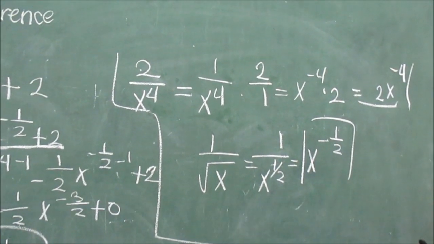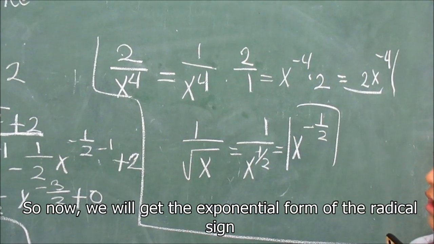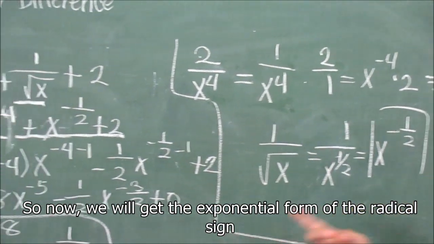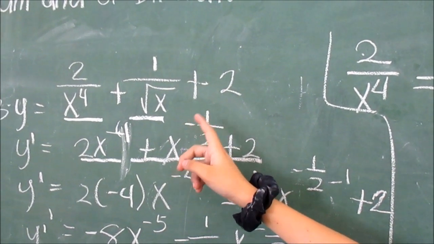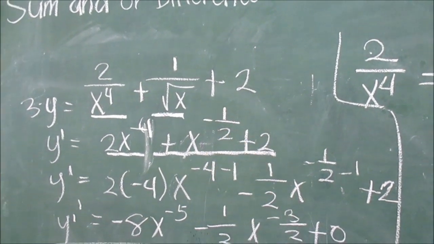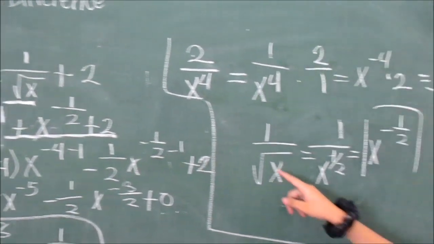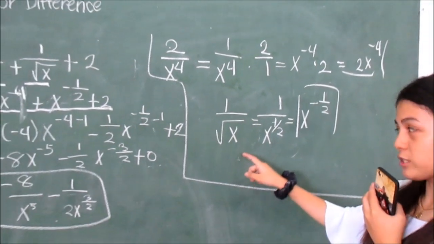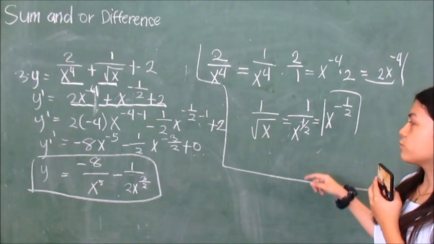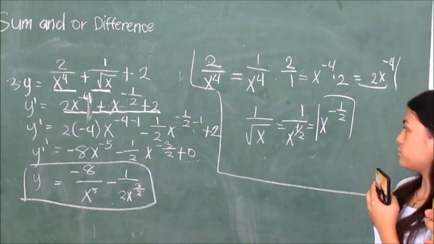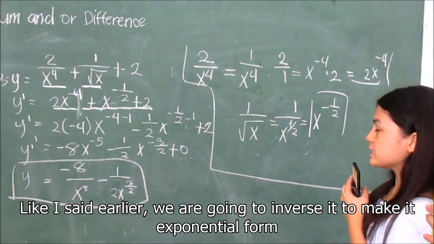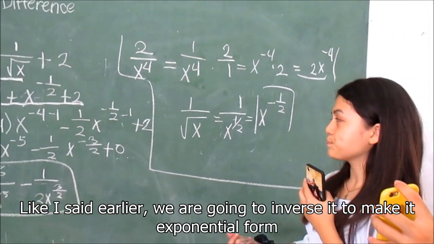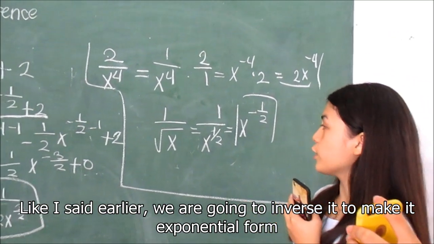Now we will get the exponential form of the radical, 1 over the square root of x. So 1 over the square root of x is equal to 1 over x raised to 1/2. Like I said earlier, we need to invert it to become exponential form.